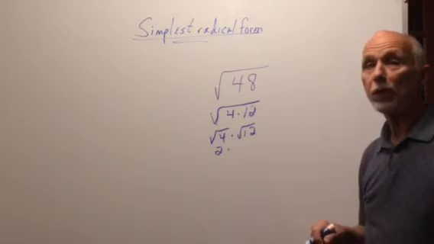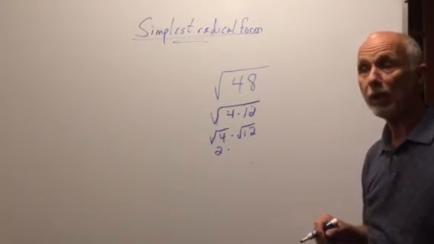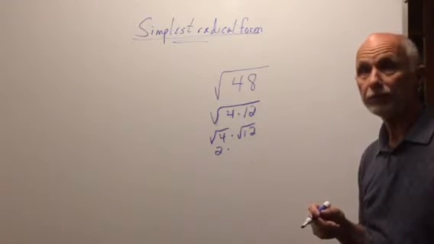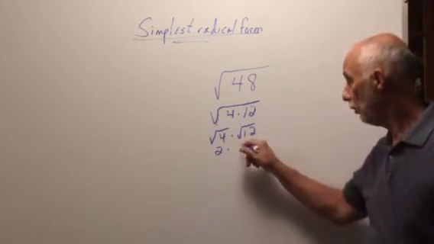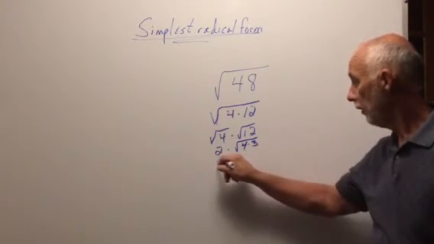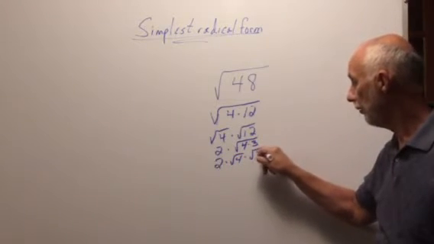However, you could break 12 down because there's a perfect square that goes into 12. Anyone know a perfect square into 12? You guessed it, 4. So you could break this into 12 as 4 times 3, which is 2 times the square root of 4 times the square root of 3.